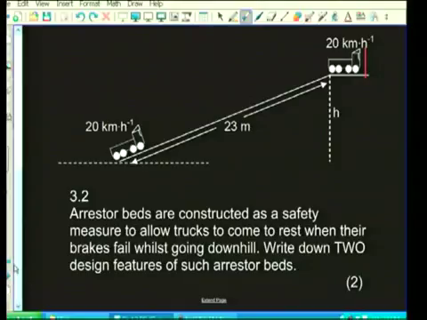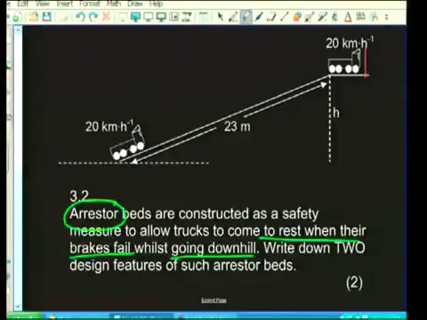Okay. Now, we have one more question to this. Still the whole thing, and that says, arrestor beds are constructed as a safety measure to allow trucks to come to a rest when their brakes fail while going downhill. Write down 2 design features of such arrestor beds.